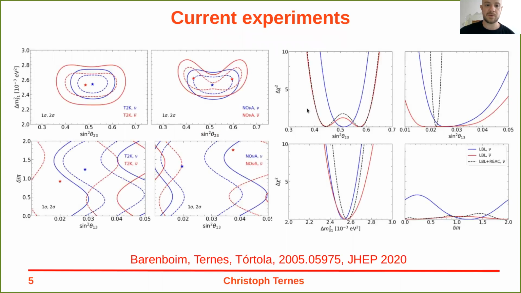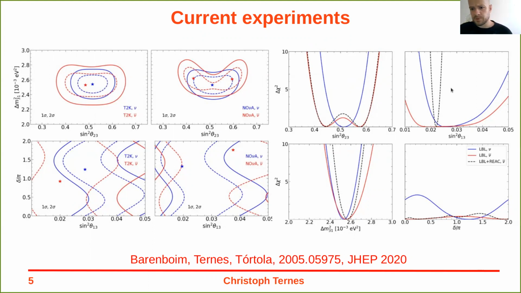So in the current experiments, we find that the best fit values often are not the same for neutrino oscillation parameters and antineutrino oscillation parameters, but there is significant overlap even at 1 sigma level, as is shown here for T2K in the left 2 panels and NOvA in the right 2 panels. So you see that in blue, we have the neutrino parameters, and in red, the antineutrino parameters.